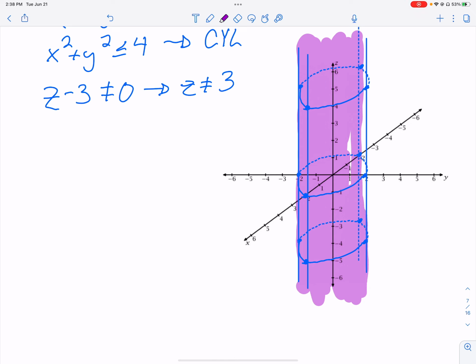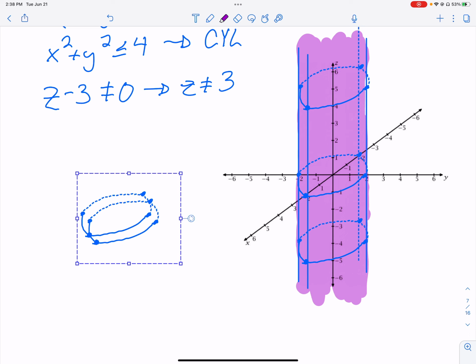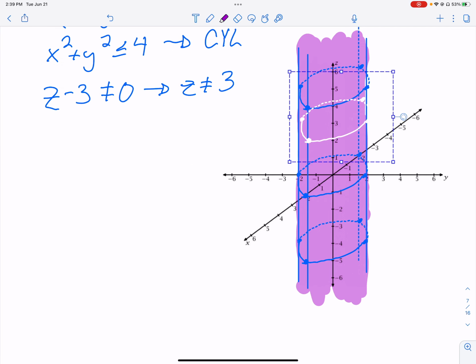But what that z equals 3 does is this just says we don't have a disk at 3. So what I'm going to do is I change this. I'm going to find a way to show this. Make that white. And then I'm going to have it go through at 3.